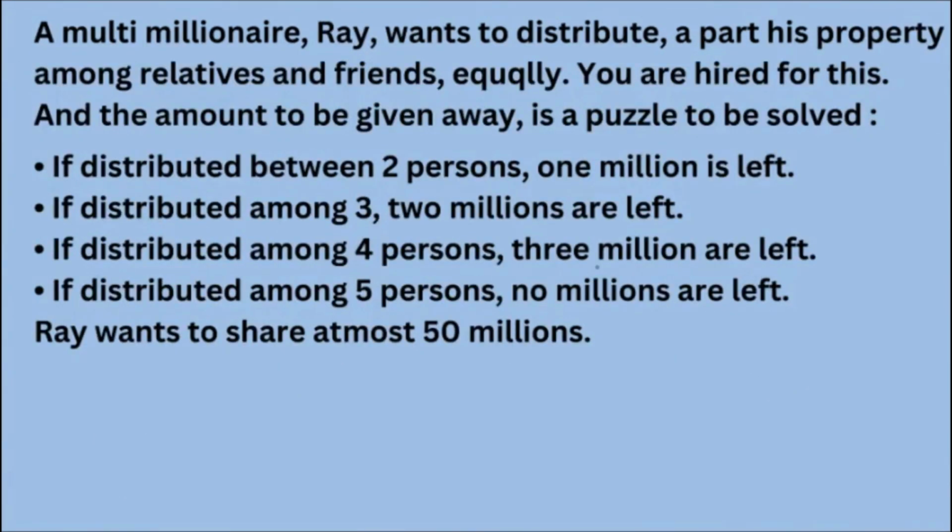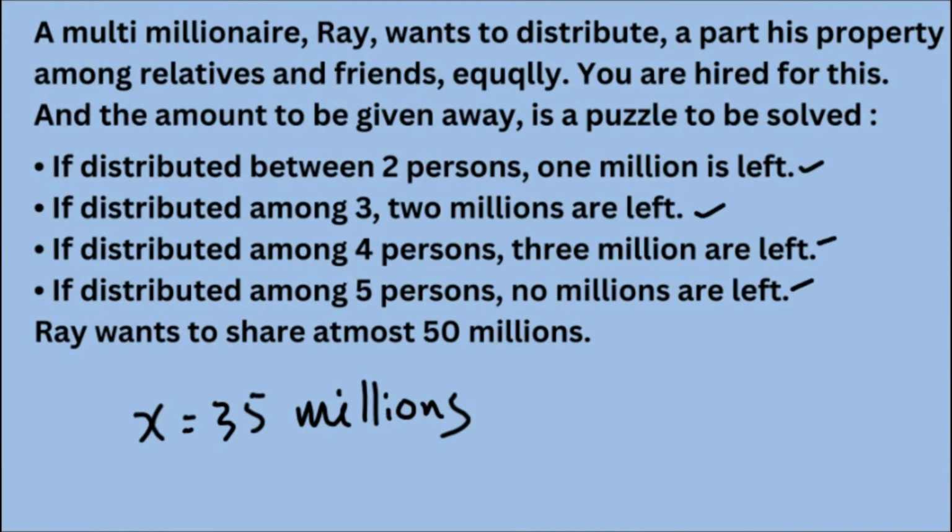Now that we came to know the value of X to be 35 million, meaning Mr. Ray is willing to give away 35 millions to his friends and relatives. We will go ahead with the conditions and verify the same and check how much each one gets in each of the cases.